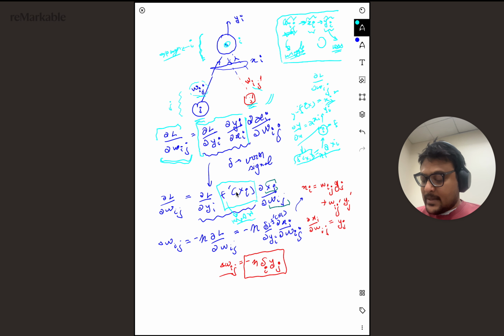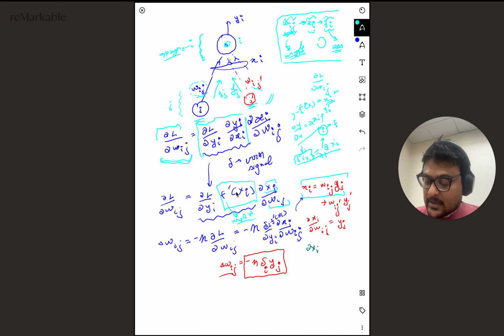The final part of the expression is how the input activity changes if you fluctuate the weight. Your total input to the ith neuron is the sum of the inputs which come from J and J dash. So Xi is Wij Yj plus Wij dash Yj dash, where this neuron is outputting an activity Yj, and this neuron is outputting an activity Yj dash. This is the total input which goes to the neuron, and you can easily take the derivative of this.